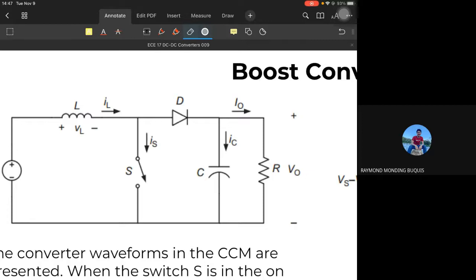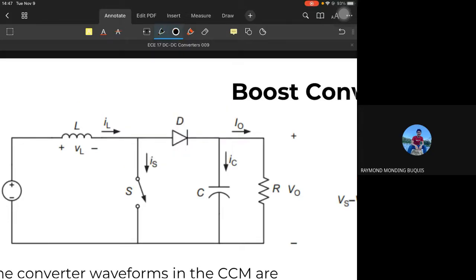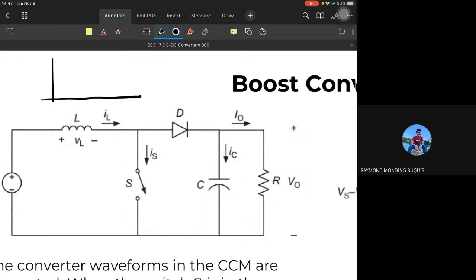Then the switch is off. So if the switch is on here, this is the input. The period here is only T1 to T2.